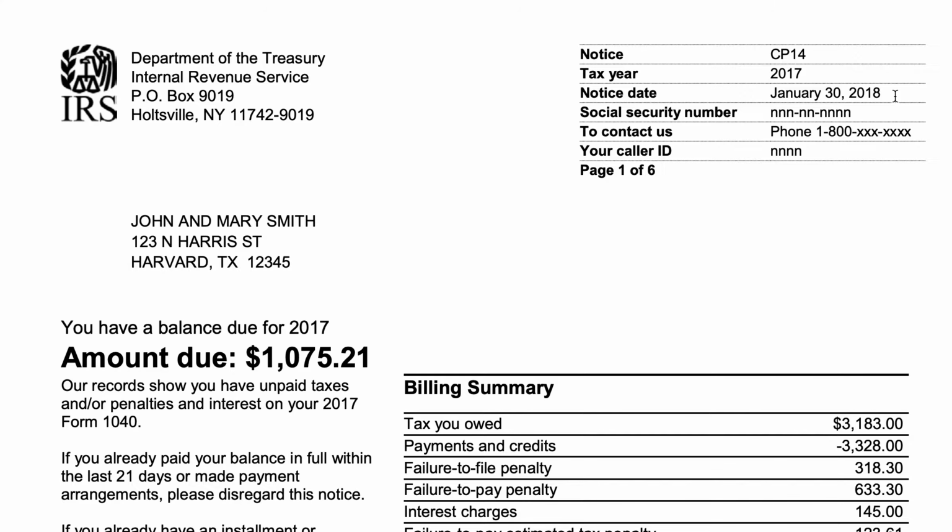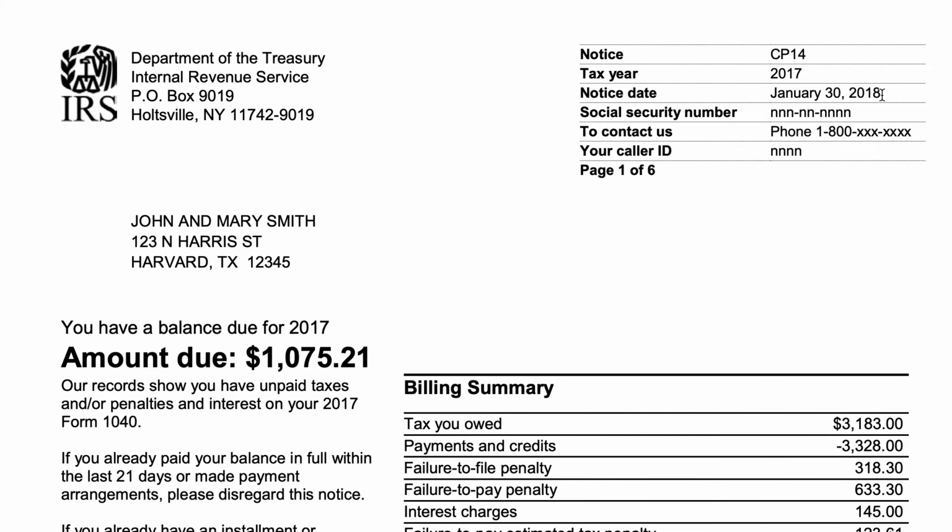So let's imagine that you're in a situation where you disagree with this, whether it was assessed in a proper manner or if you disagree with the tax bill. There are certain timelines that occur, and a lot of them may be initiated as of the notice date.